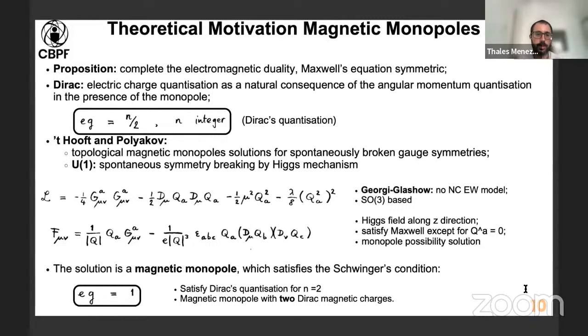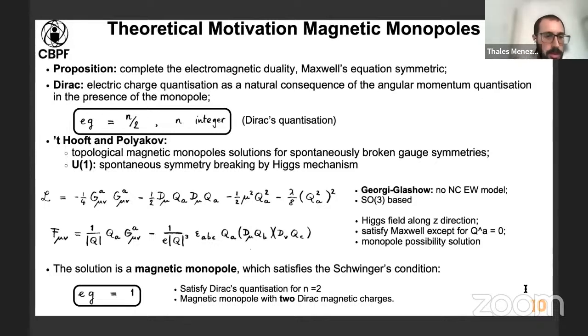It was proposed that when we have the quantization of the angular momentum, we naturally obtain the quantization of the electric charge as well, if there is a monopole, or a solution of the monopole type. Dirac derived what we call the Dirac quantization. It relates the charges of the particles to an integer.